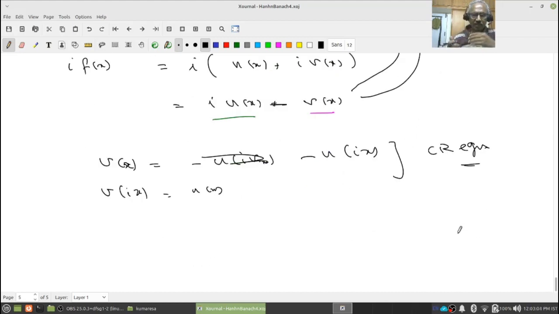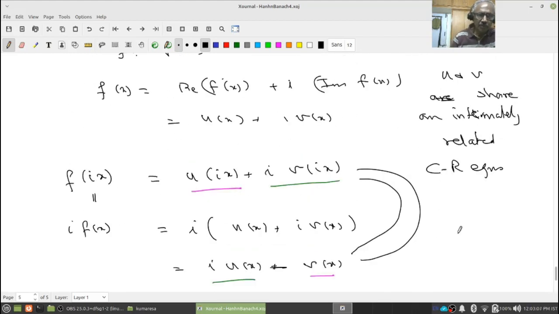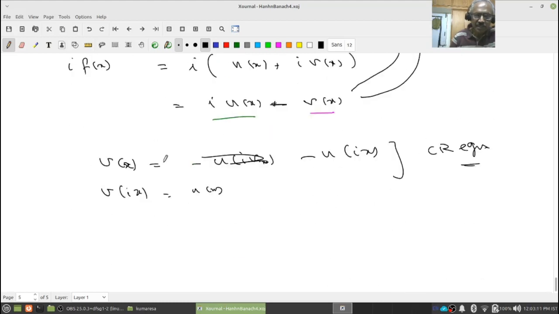Therefore, if I want to find v, what this says is it's enough if I know u. If I know u, then I know v. Knowledge of u implies knowledge of v.